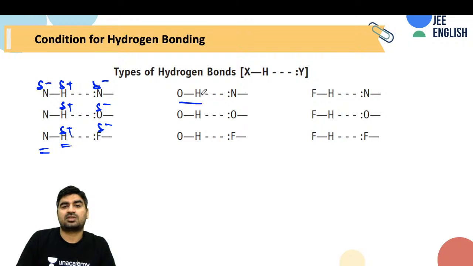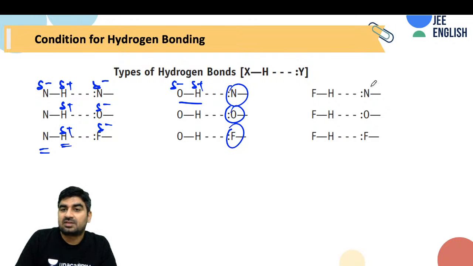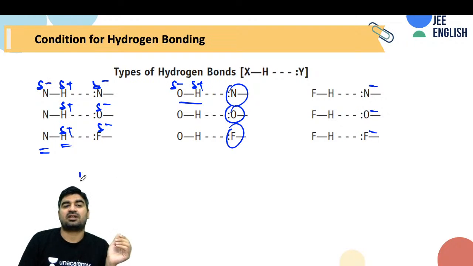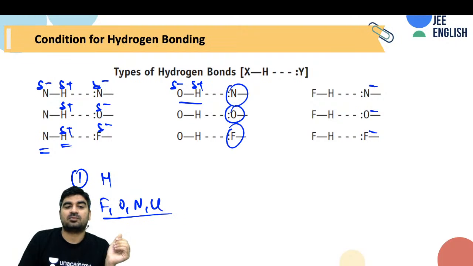Similarly, if you are taking OH, delta negative, delta positive, and this delta positive is combining with N, O or F. This is N minus actually. It will go to, yes, superscript. Got it? So now the conditions of hydrogen bonding are clear. One should be hydrogen, and one atom should be chlorine, oxygen or nitrogen.